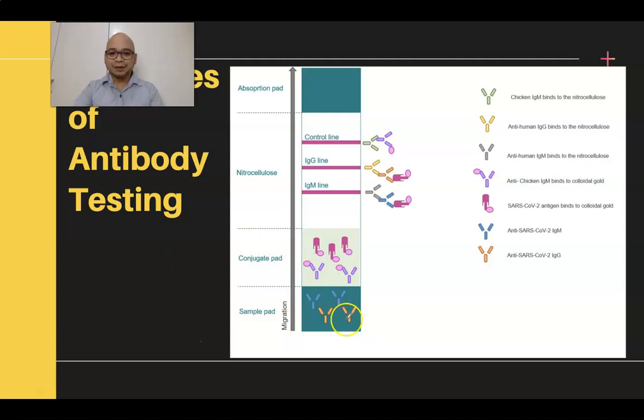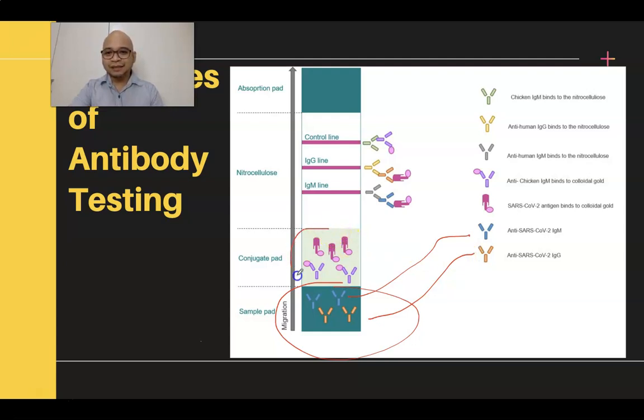So you add the sample here, you add the serum here. So serum is the specimen, or blood is the specimen. And if a person is positive with antibodies, the person might have either IgG or IgM antibodies. Let's say blue represents the anti-SARS-CoV-2 IgM, and the orange here represents the anti-SARS-CoV-2 IgG.